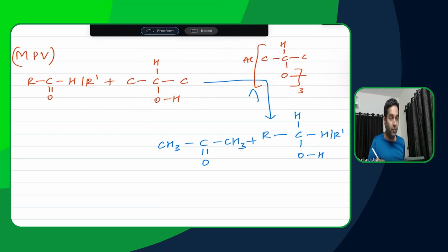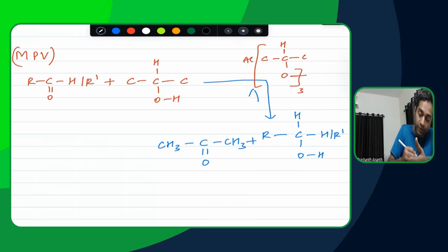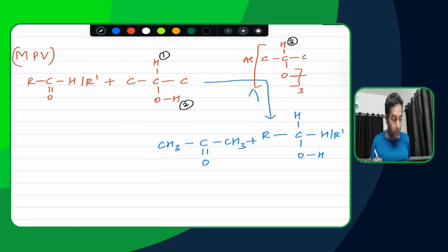So this reaction involves each of these species over here, so let's tag them first. Let's call this hydrogen 1, this hydrogen 2, and this guy hydrogen 3. Now, which one is going to be going where is the real question.